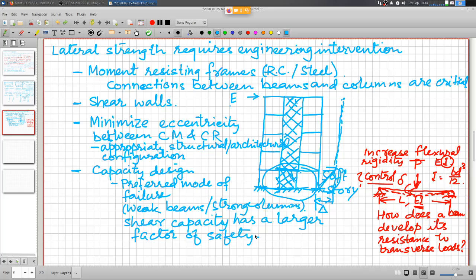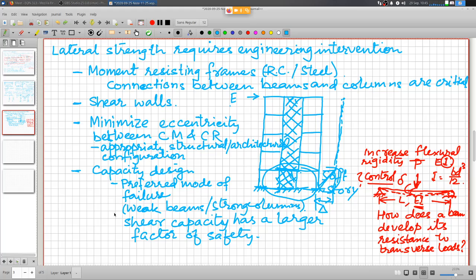So somebody has not been careful enough in taking care that shear capacity has a larger factor of safety. You should never be able to achieve this limit state of shear in a normal course of design, right? You should always have the limit state of bending hit first before you go anywhere near the shear capacities.